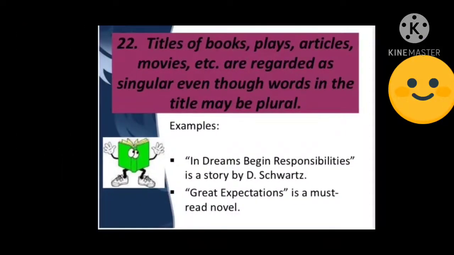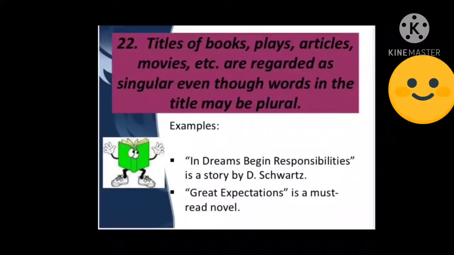Rule number 22: titles of books, plays, articles, movies, etc. are regarded as singular even though words in the title may be plural. Okay. In Dreams Begin Responsibilities, that is the title of a story.